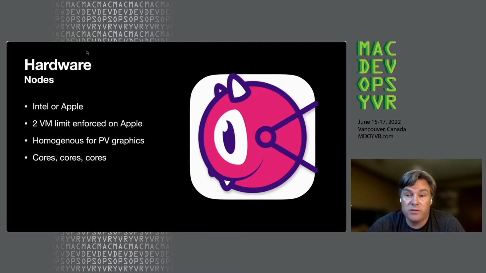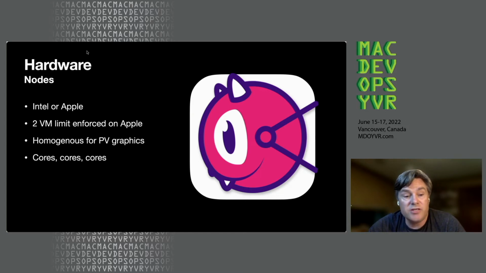So if you currently have 3 VMs per node and you move over to Apple Silicon, you're only going to be able to have 2 VMs per node. That's because they're enforcing the Apple license agreement there.